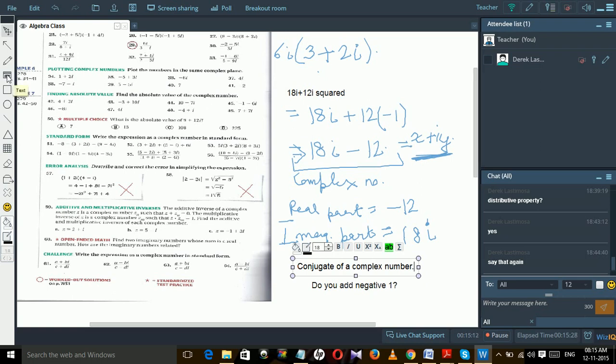No, we don't add -1. Conjugate is a number, like when we multiply a complex number, I'll write it down and I'll speak also.